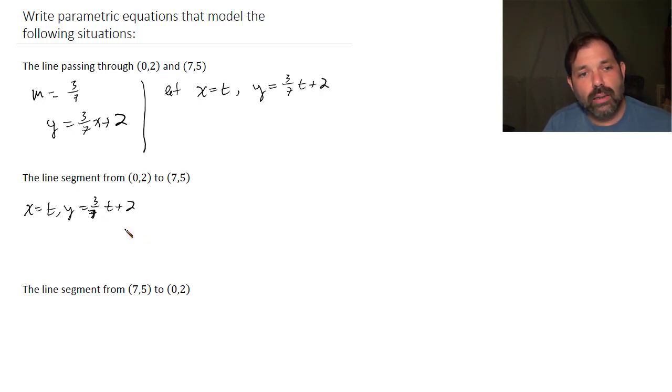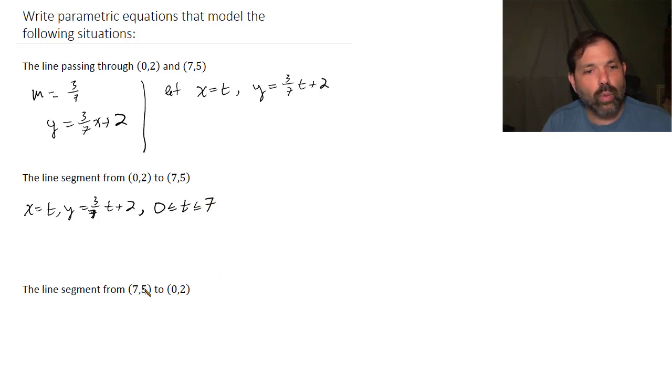But now let's add a statement for the interval of the parameter. How should t vary? If I want the initial point to be (0, 2) and the terminal point to be (7, 5), then I let t vary from 0 to 7. That's one way to do it.